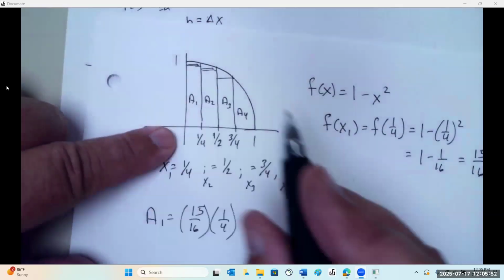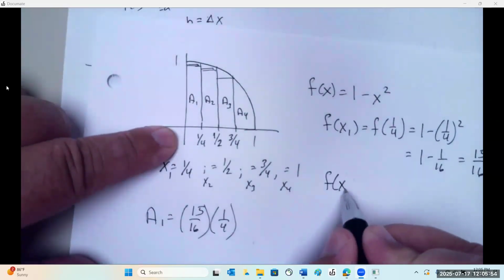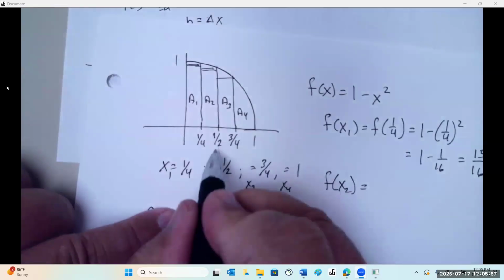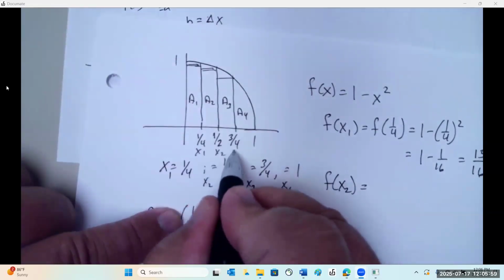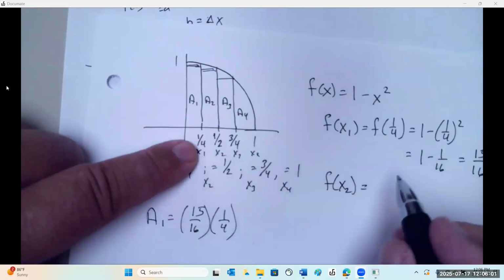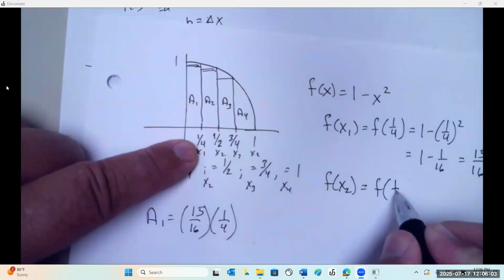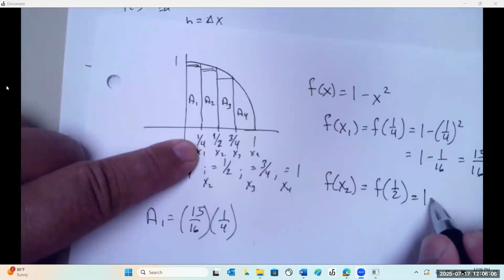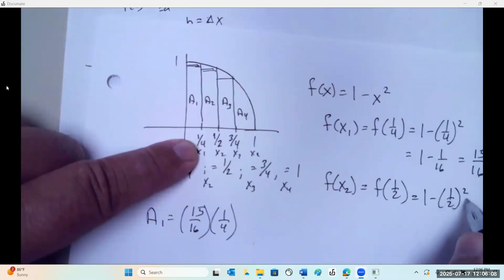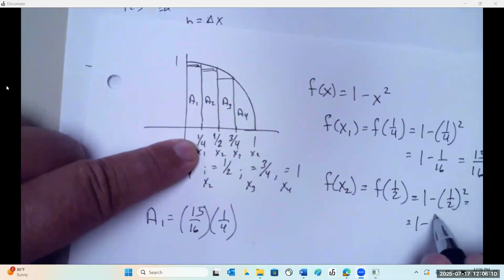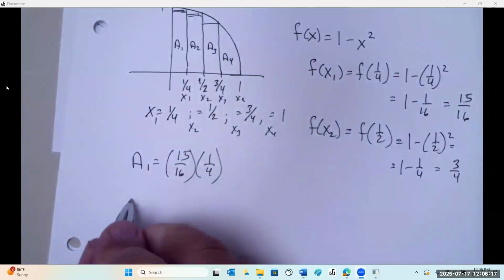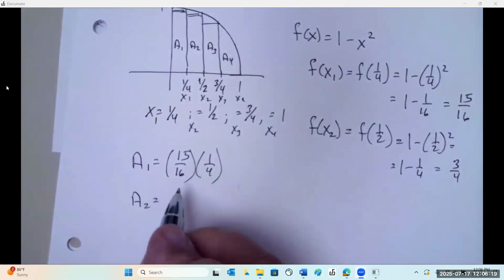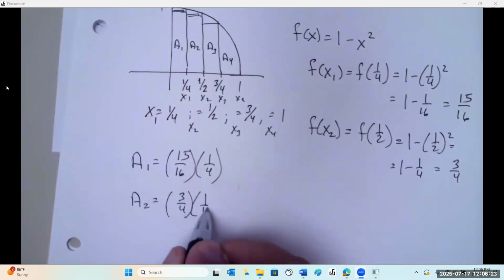Let's find the second one. So f at x2. So x2 is 1/2. 1 minus 1/2 squared is 1 minus 1/4, which is 3/4. So the second rectangle is 3/4 times 1/4.